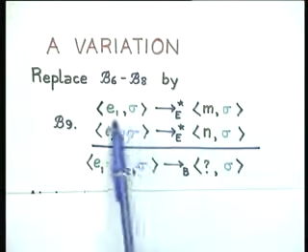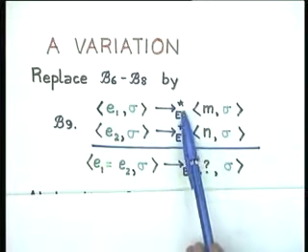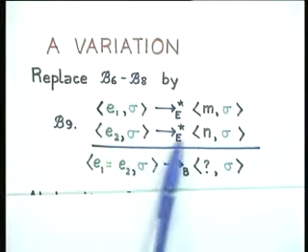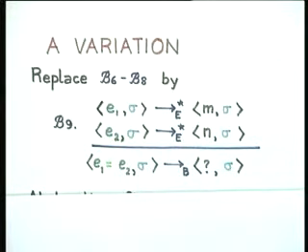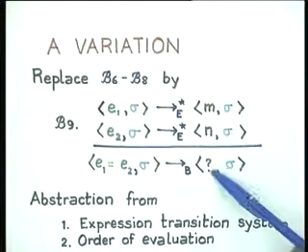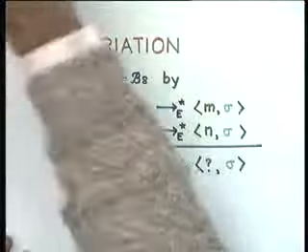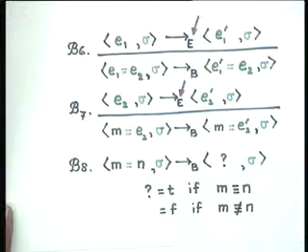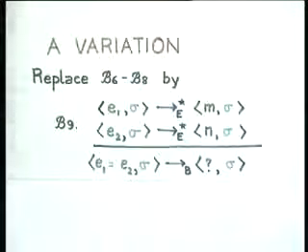So this says that if E1 sigma goes in 0 or more steps to some constant m, and E2 sigma goes in 0 or more steps to some constant n, then E1 equals E2 goes to some truth value depending upon essentially this condition, whether the 2 constants m and n are the same or different, right.